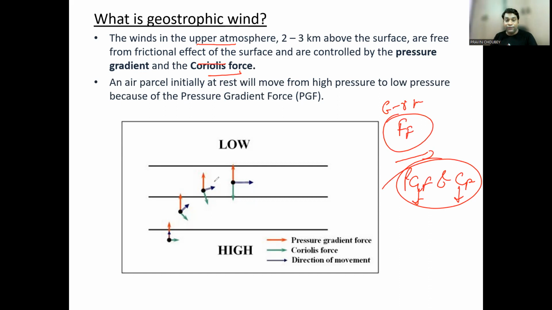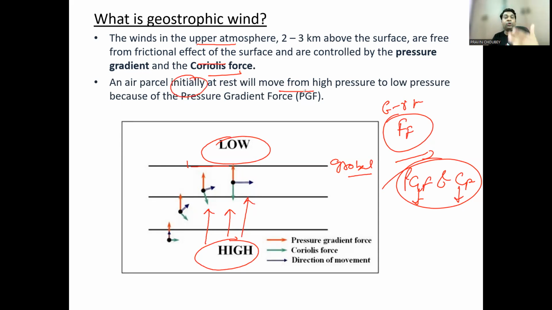Okay, so these parallel lines are called isobars. Isobars are lines joining places having equal pressure. Now this is the high pressure area and this is the low pressure area. Obviously the wind will blow from high pressure to low pressure. An air parcel initially at rest will move from high pressure to low pressure because of the pressure gradient force.